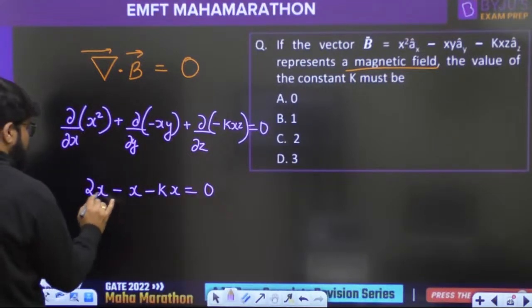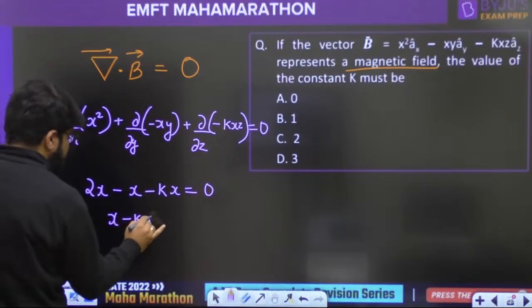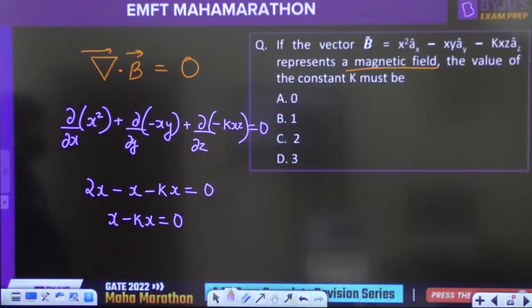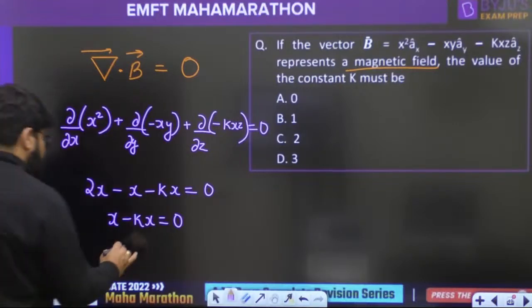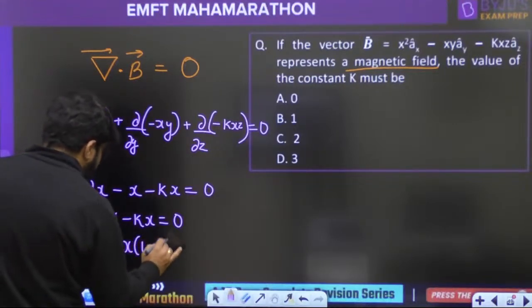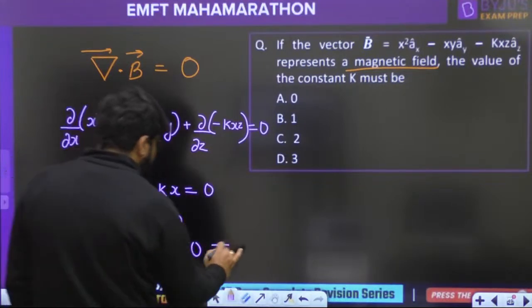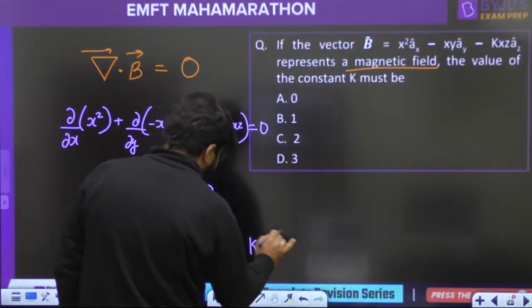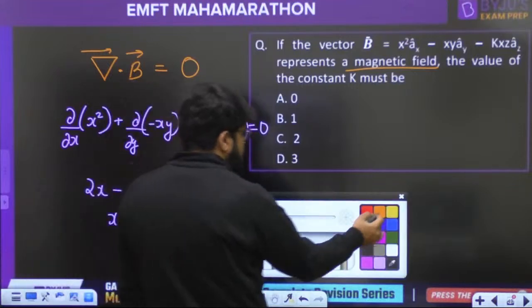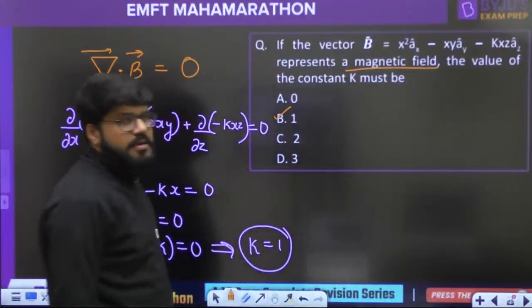So basically 2x minus x minus kx equal to 0. Solving this, x is common, 1 minus k equal to 0, and hence K should be in general equal to 1. Option number B. K is 1.